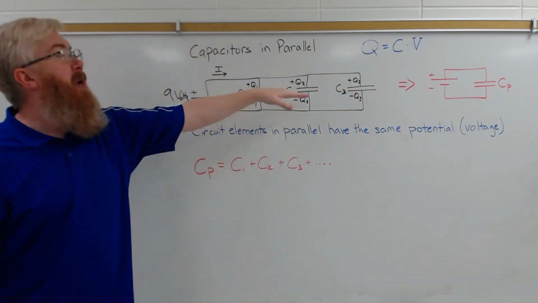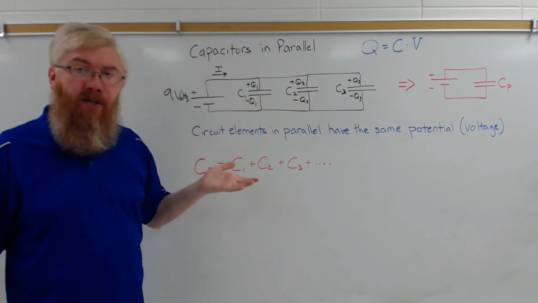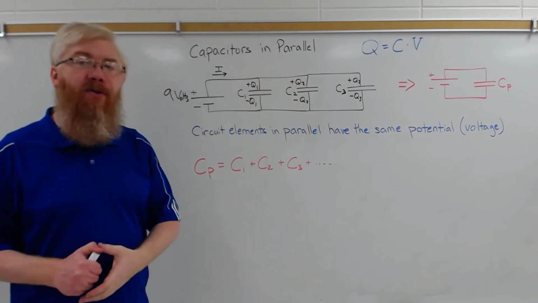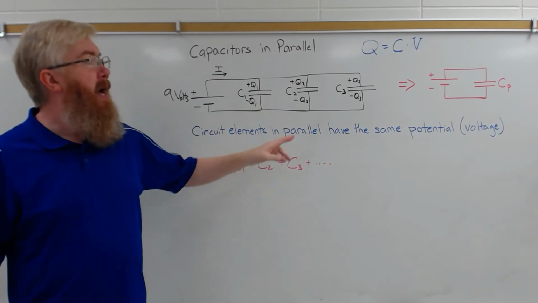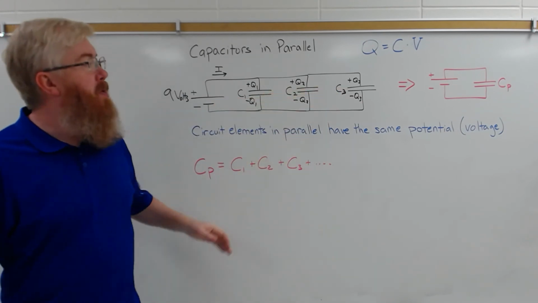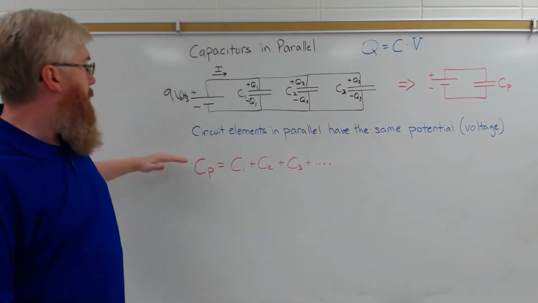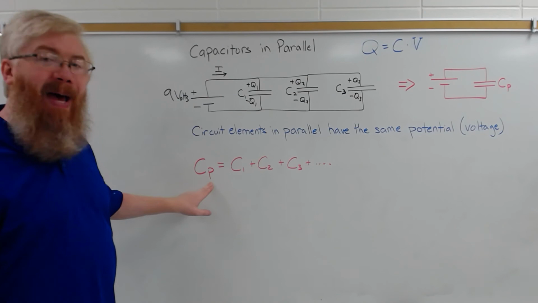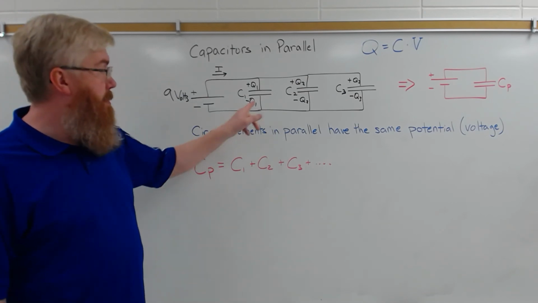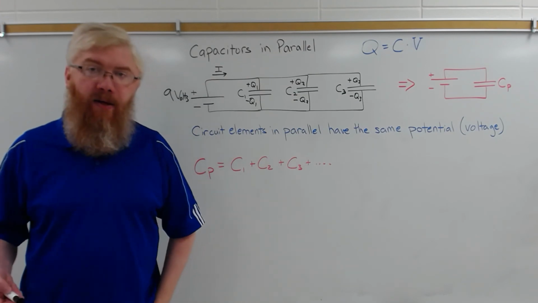So again, how do we create an equivalent circuit? How do we take these 3 capacitors, or 4 or 5, or however many capacitors we have in parallel, and create a single capacitor that does the same job? Well, in parallel, it's easier than it is in series. The capacitance value for capacitors in parallel is just the sum of the individual capacitance values.